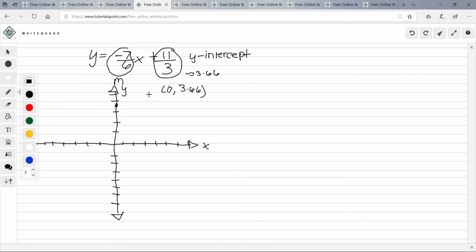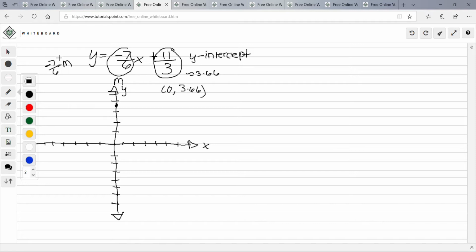Okay, so now once you find your y-intercept, you start from the y-intercept and look at your slope, which is negative 7/6, right? And it's negative, so which way is it going to go? It's not going to go this way, right? It's going to go negative. So here negative 7/6 is our m.